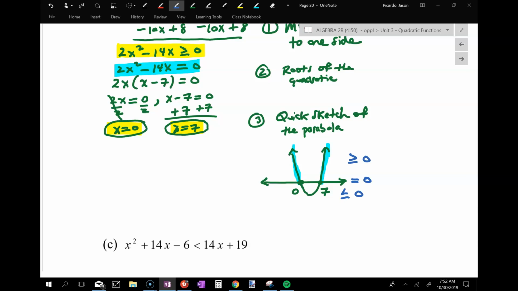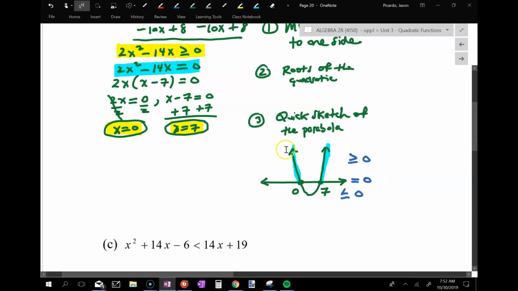So how do I write that solution down? Ready? This is really important, guys. Do you agree that this piece right here is to the left of that root? And do you agree that this blue piece right here is to the right of this root? So is it fair to say that the solutions are not between the roots like before? In this case, the solutions are outside of the roots.